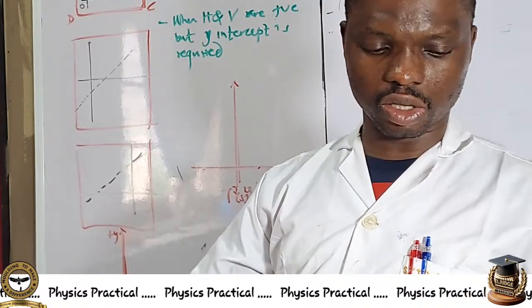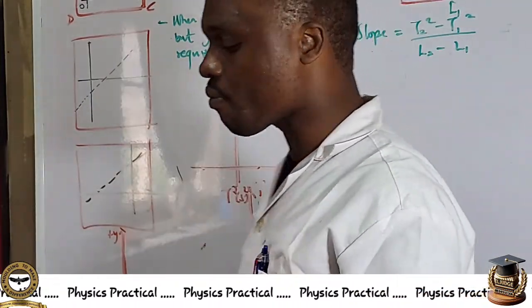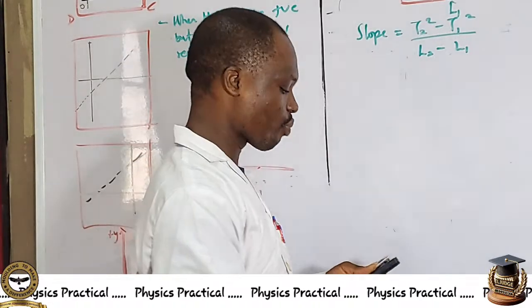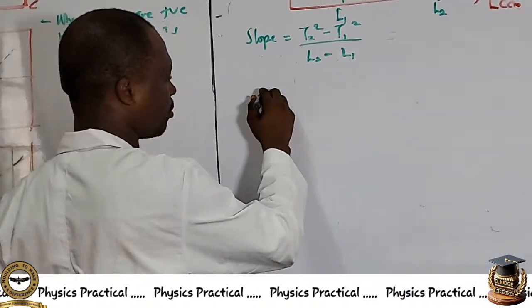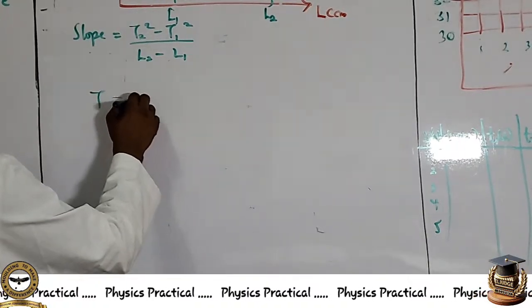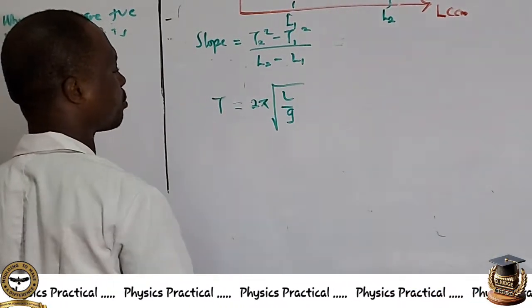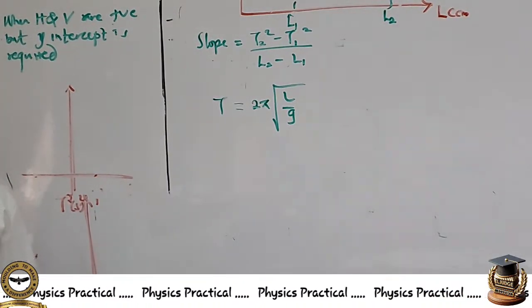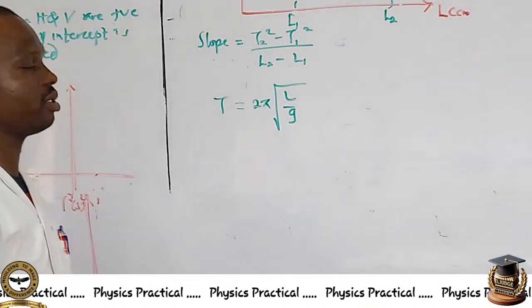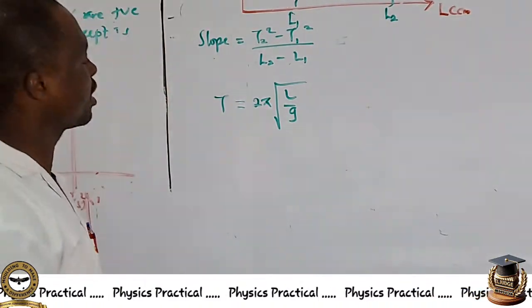There are some questions where, let us use this. We know T equals 2π square root of L over g. Sometimes you may not be given, and that's for advanced level now, not for the senior secondary school certificate exam.